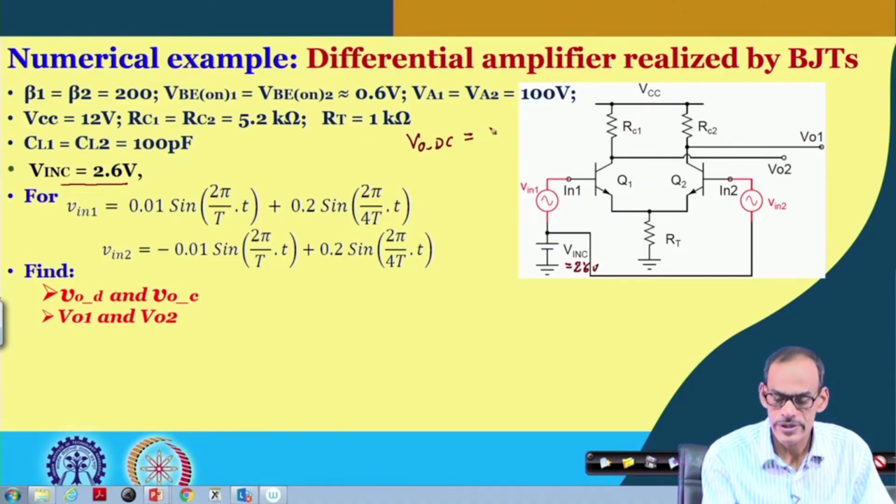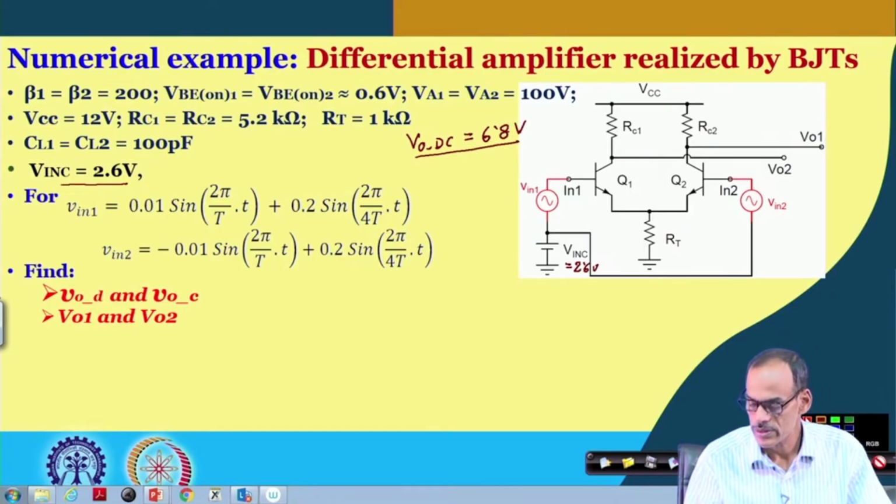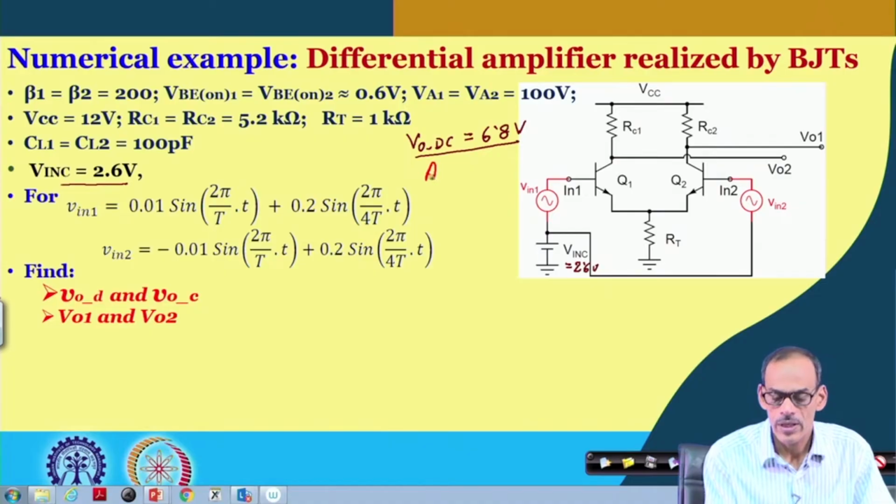So, that is 6.8, right, and also we have calculated the AD equals to 200 and AC on the other hand it is minus 2.6.